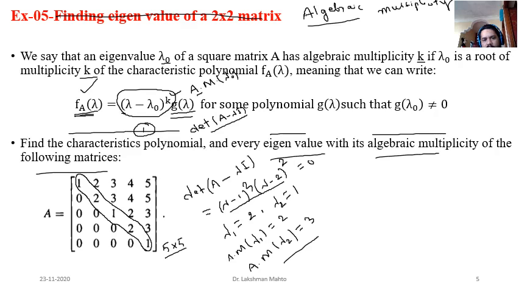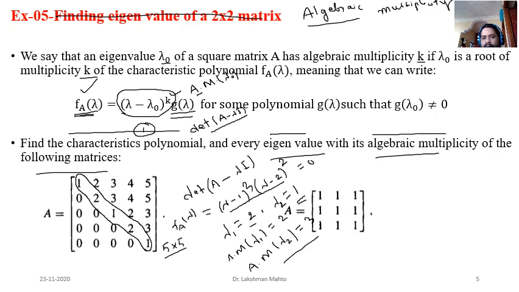You call this f_A of lambda, that means it is your characteristic polynomial, and 2 is the first eigenvalue and 1 is the second eigenvalue. I had already mentioned that I will always call the largest eigenvalue the first eigenvalue and the least eigenvalue the last eigenvalue. That's why I am taking lambda 1 equal to 2 and lambda 2 equal to 1. There is an intention behind this special sorting.